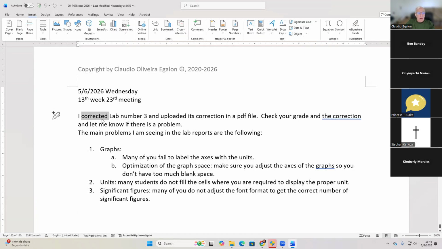And what else? Correct lab now. The homework, right? Check your grade in Canvas against your grade in WileyPLUS.